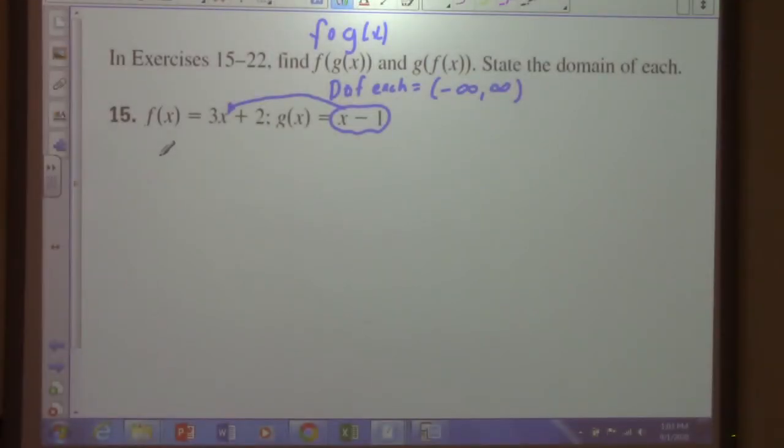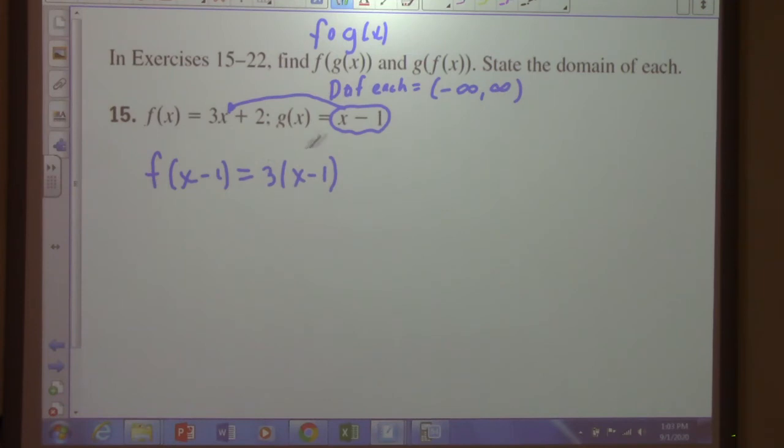So we'll have f of g of x, but I'm going to put f of x minus 1. And so we're going to replace this x with x minus 1, which is going to give us 3 times x minus 1.